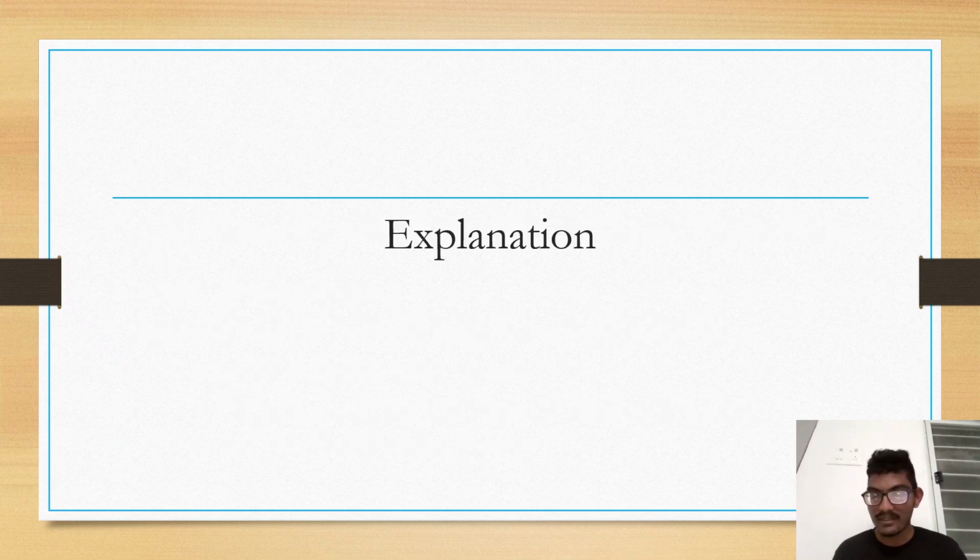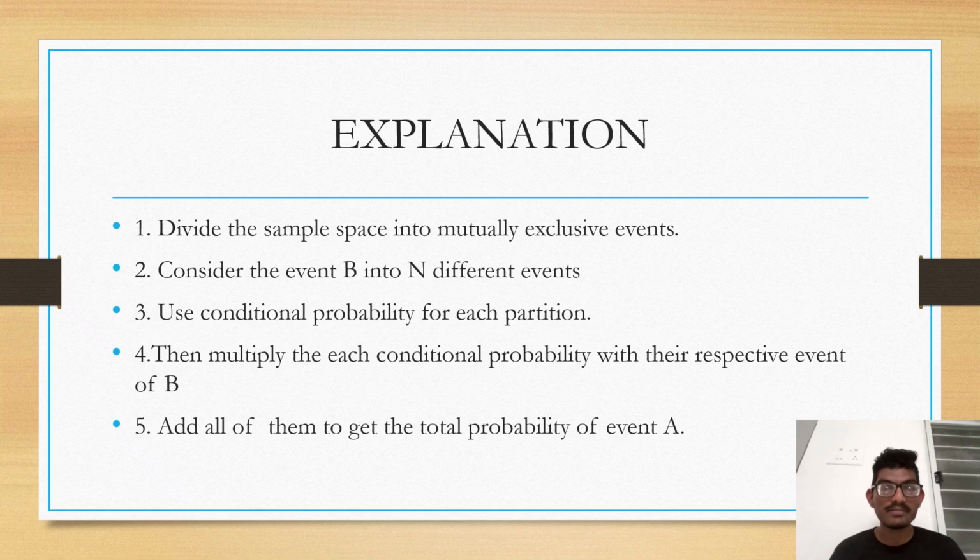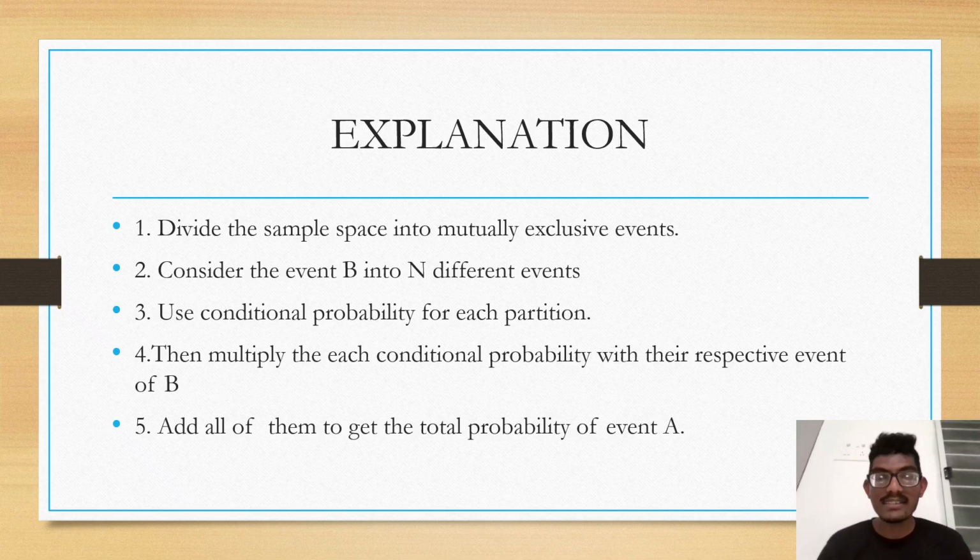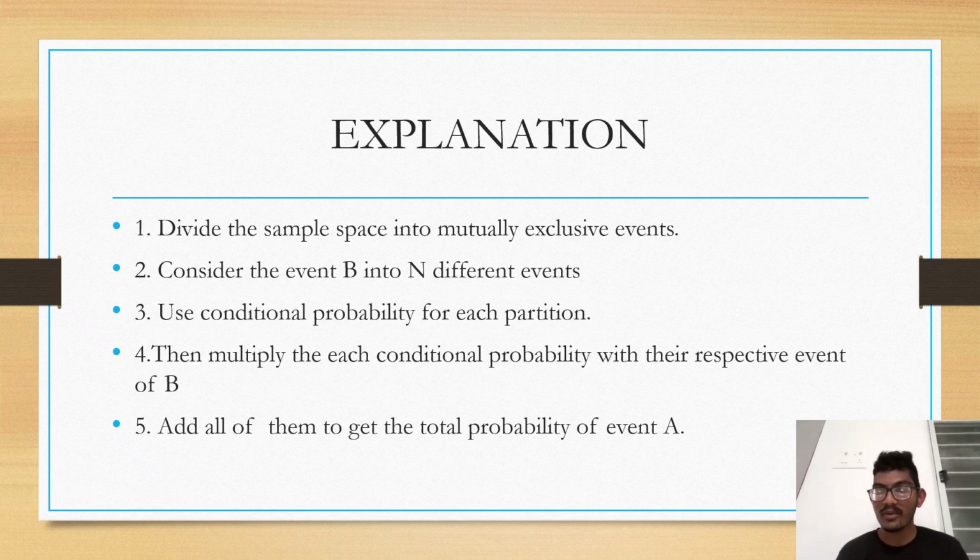Next, the explanation of the total probability theorem. First, consider a sample space S. Next, divide that sample space into n mutually exclusive and exhaustive events. Let us consider the event B divided into n different events. Use conditional probability for each partition, like P of B1, P of B2, P of B3, and so on.